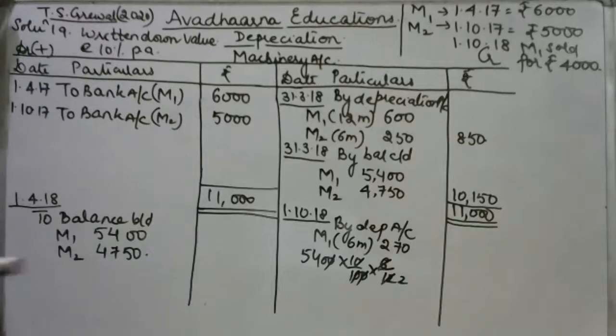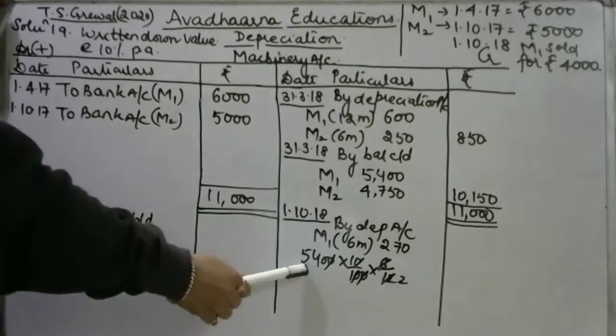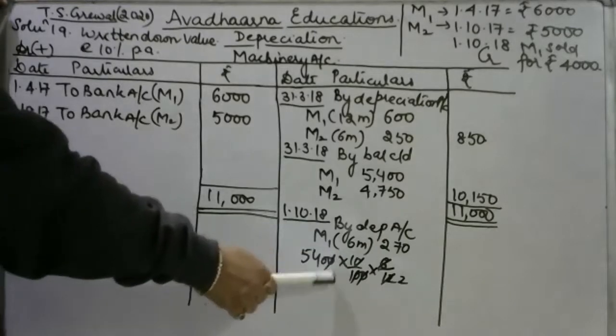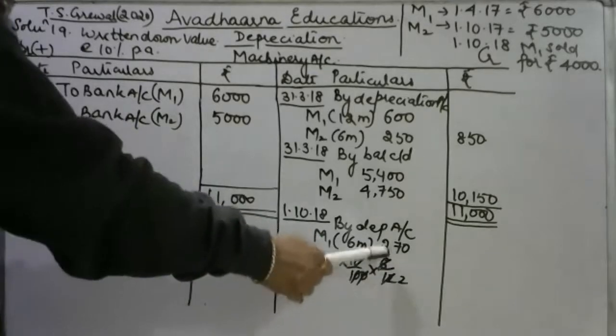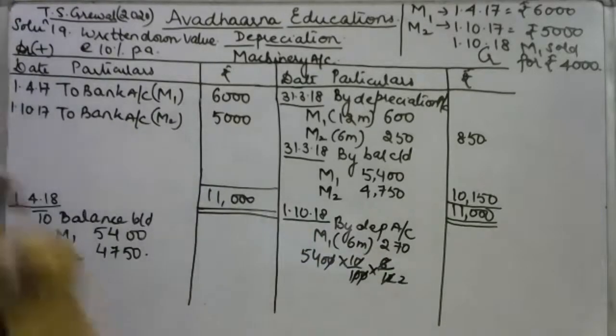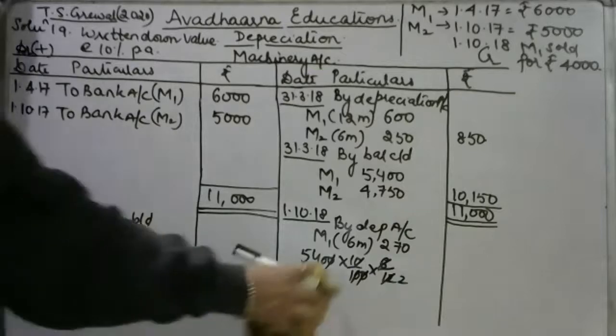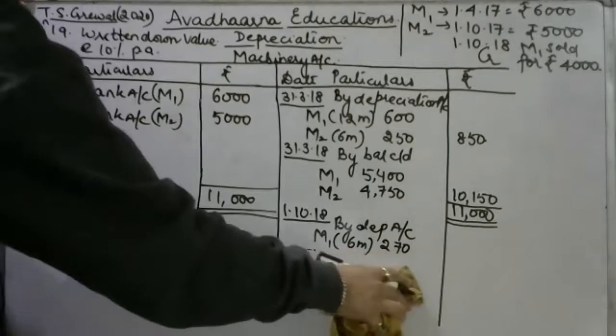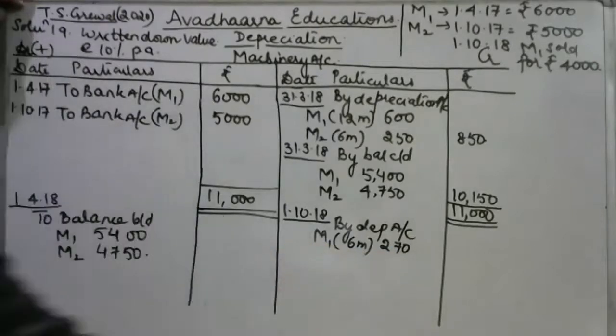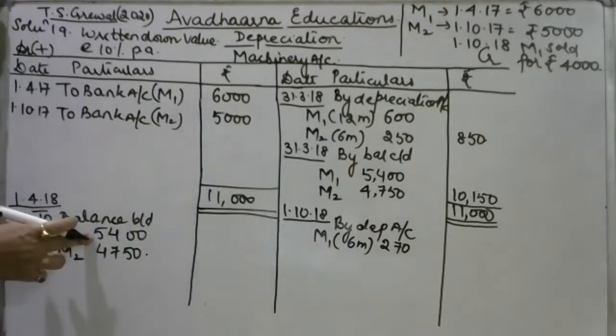Amount of depreciation provided on the first machinery for 6 months at the rate of 10% is 5,400 into 10 upon 100 into 6 upon 12. When I simplify it, I get the amount of depreciation as 270.